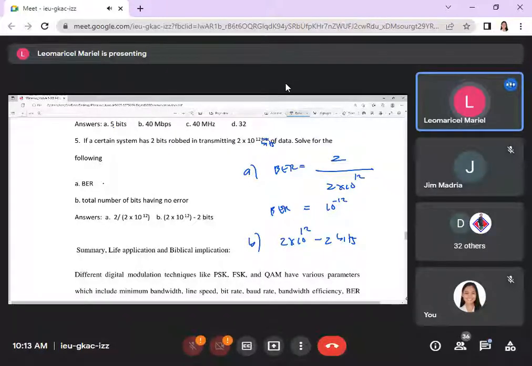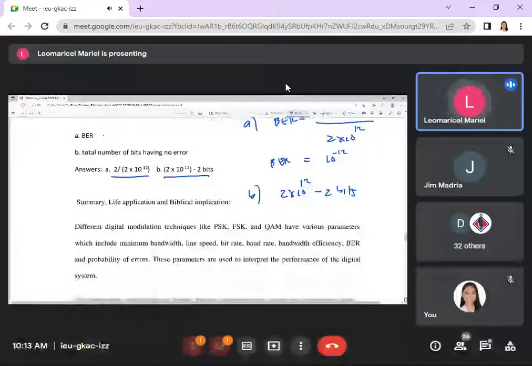Hindi pwede yun. Dito ka babawas ng 2. Kaya almost the same lang din yan na roughly 1.9999 times 10 to the 12 din yun. Almost the same. Okay? So, kaya yung sagot natin here will be 2 all over 2 times 10 to the 12. And letter B will be 2 times 10 to the 12 minus 2 bits. That is the bits that has no error.